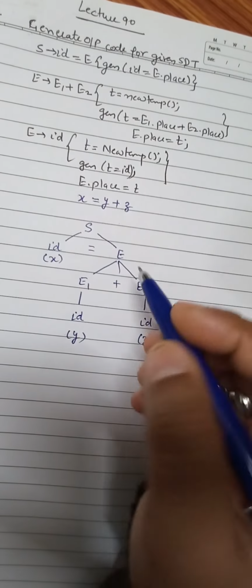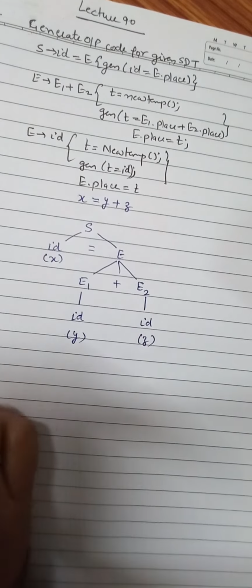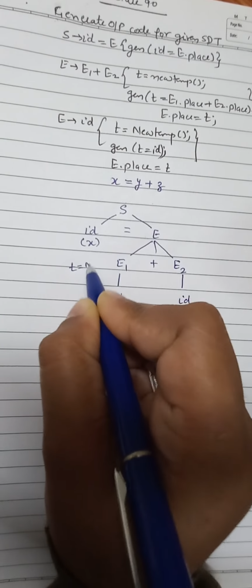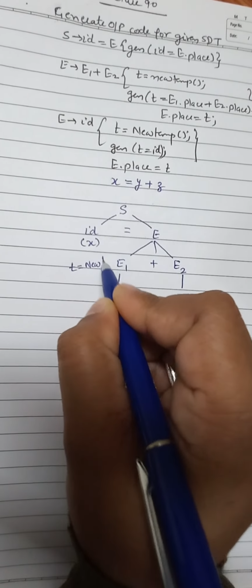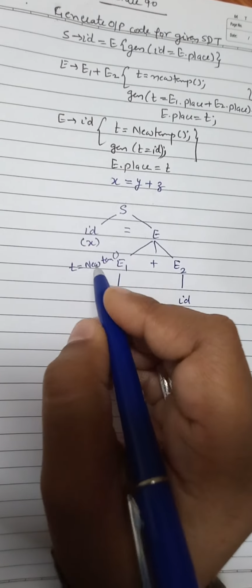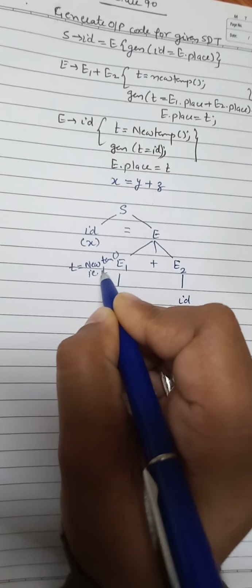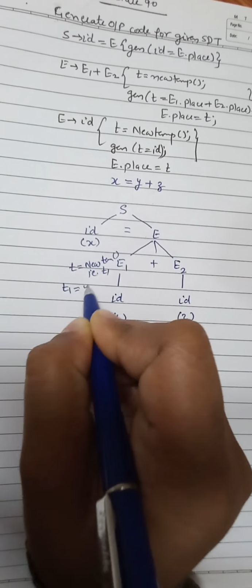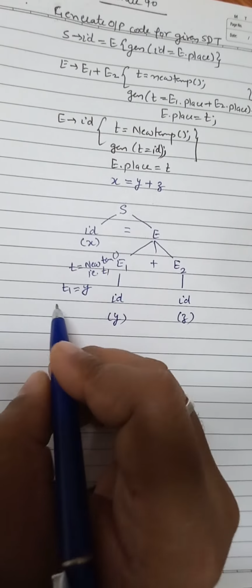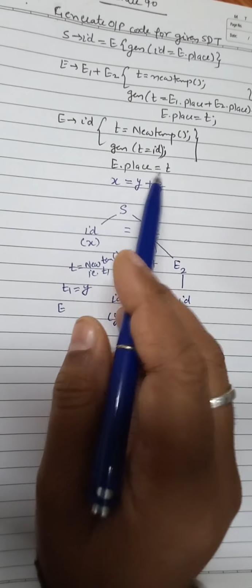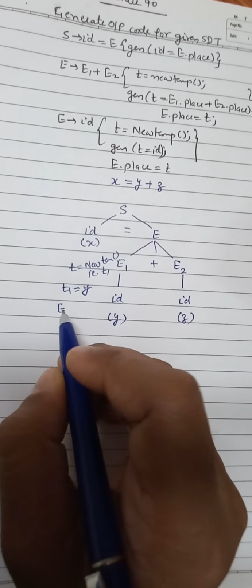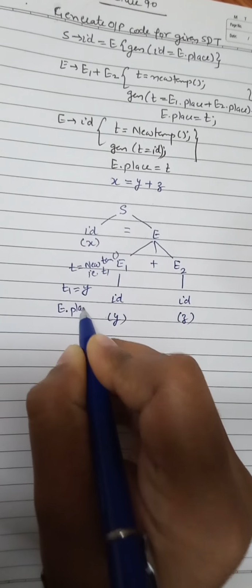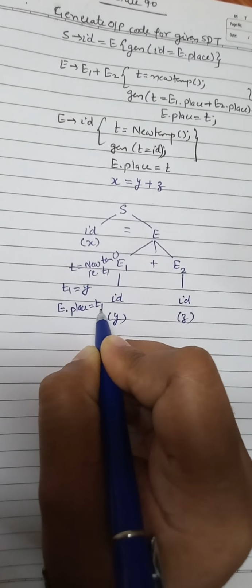So here, for E1 we can take T is equal to new temp function, that is we are taking T1, and because this is y, we can say T1 is equal to y, or we can say E dot place is equal to T1.